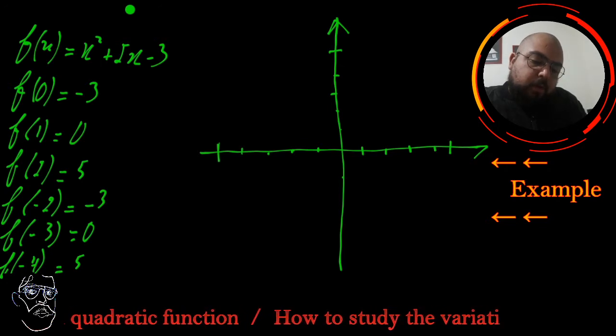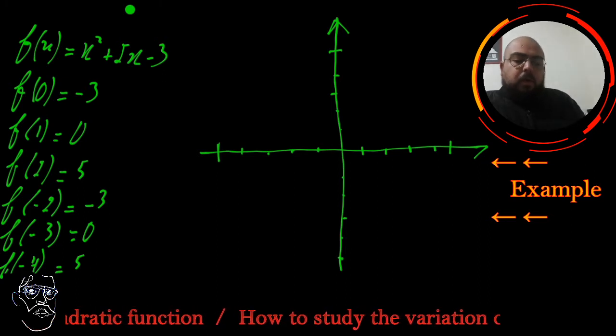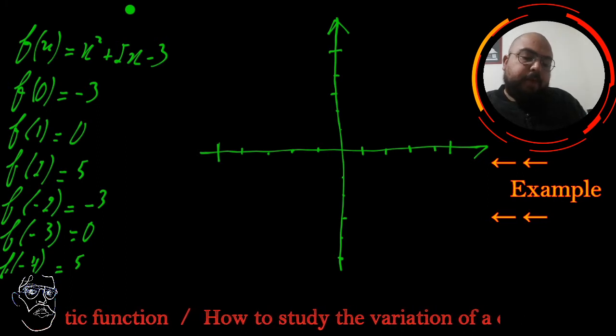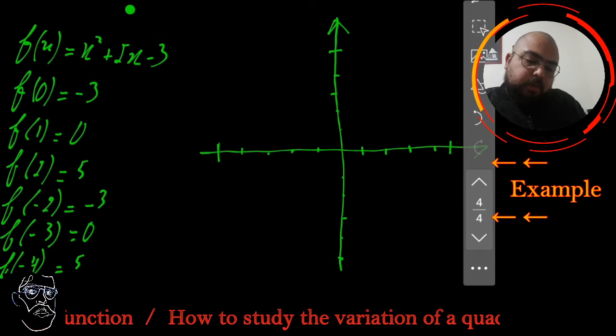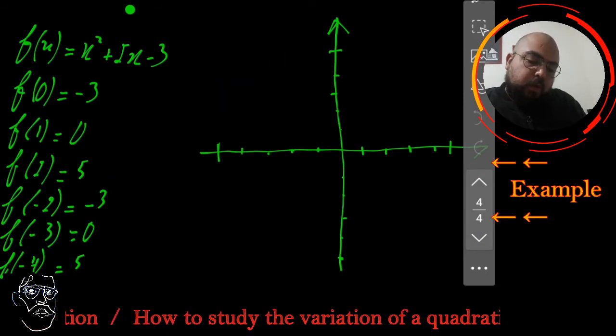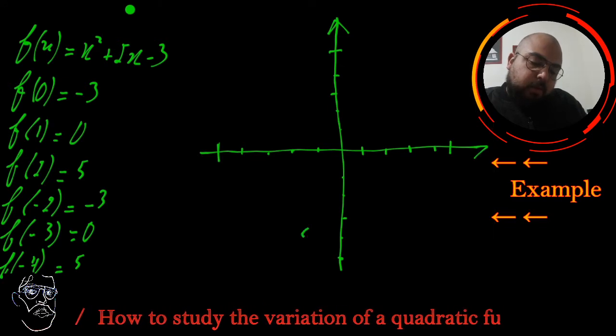And again 1, 2, 3, 4, and 5. The minimum was for -1, -2, I guess, right? Let's check it. -1, -4. So -1, -4, it will be at this position.